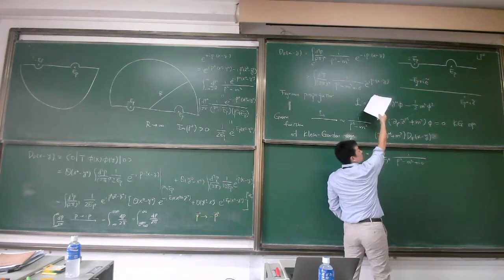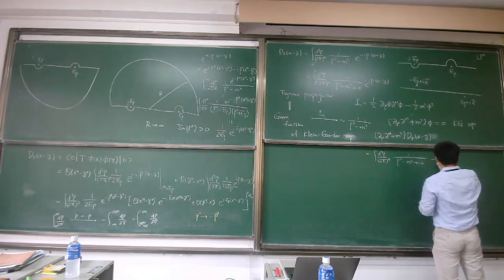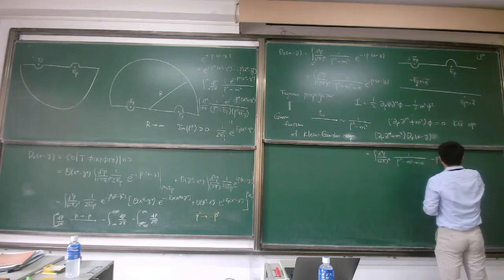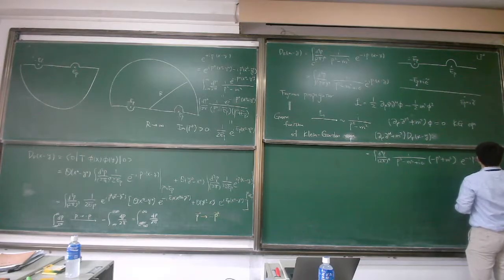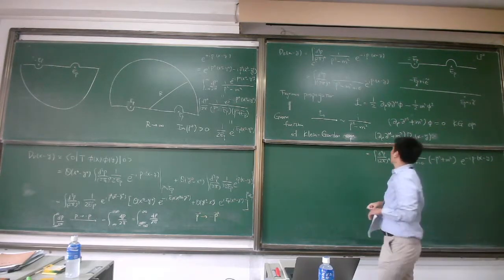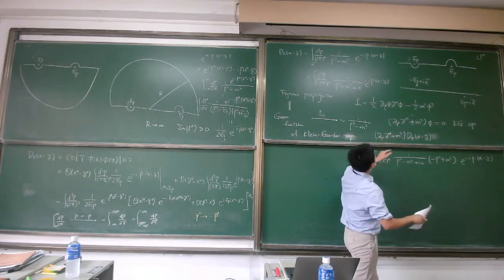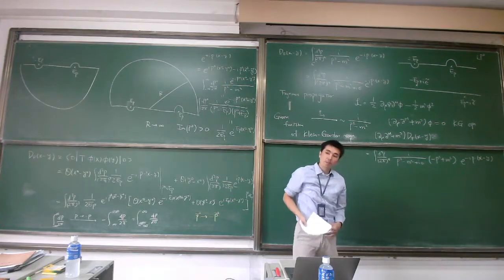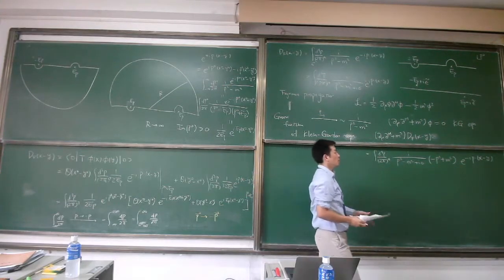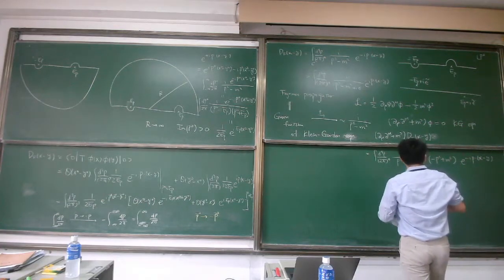What you get is minus p squared plus m squared times e to the minus i p dot x minus y. This derivative only sees the x component, so you have minus i p times minus i p, which is minus p squared. And of course, the numerator and denominator cancel.